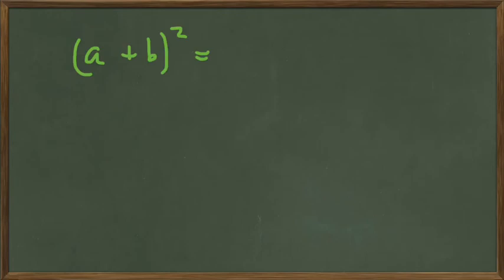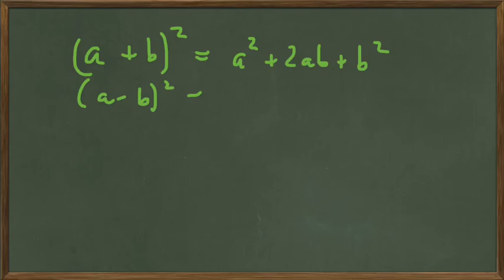You remember this from your earlier algebra: the perfect square is a squared plus 2ab plus b squared. But if there is a minus sign between a and b, it becomes a squared minus 2ab plus b squared. And so when we add the 1, we change the perfect square trinomial under the radical from this form to this form.